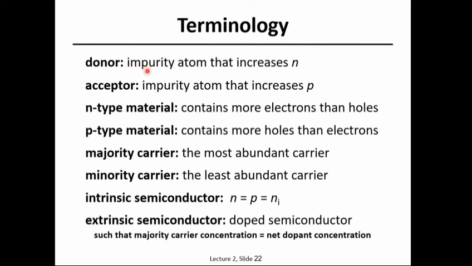Due to a donor atom, which increases N. I have a semiconductor. I came to this semiconductor and what did I do? I doped it from one side to make an N-type. Meaning I brought phosphorus, which has 5 electrons in the outermost shell, and put it in the heart of this silicon. What did it do? It said okay, I will sit now at an energy just below the conduction band until I have enough energy to go into the conduction band and form the concentration N.